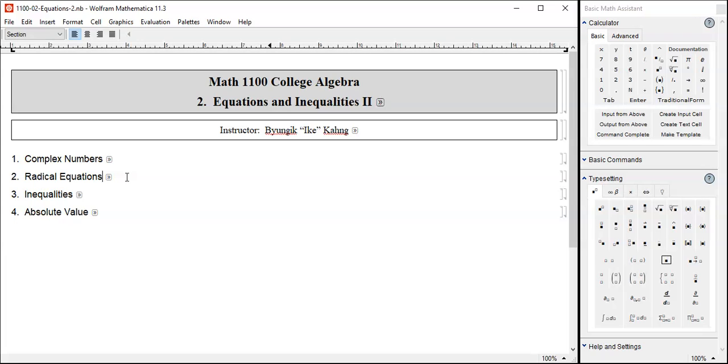But there were semesters that I did, and of course, I do not exclude anything. I kind of randomize, and some semesters I use radical equations, some semesters I don't. It's just that compared with its difficulty, the importance may not be as much as the difficulty.